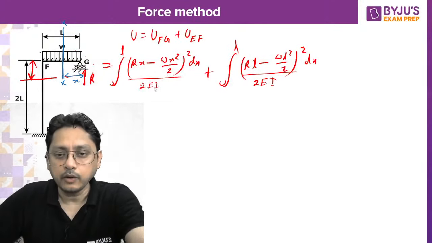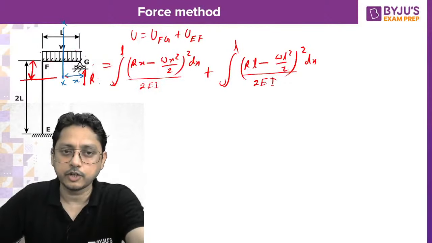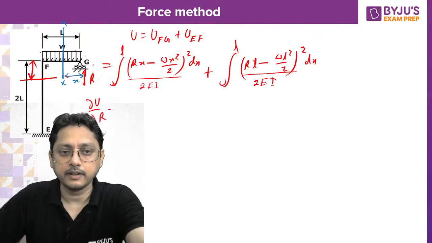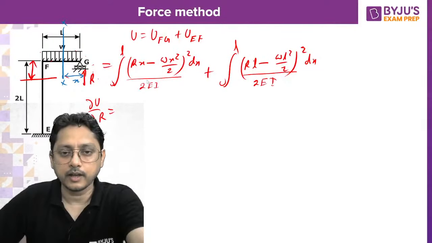Now, you calculate the strain energy, and then what is your purpose? You are going to partially differentiate with respect to R. You do it now only. It will become easier for us to do the calculation, isn't it?